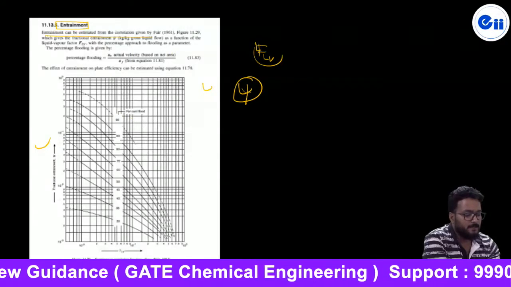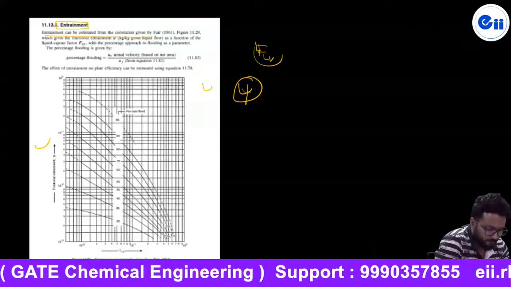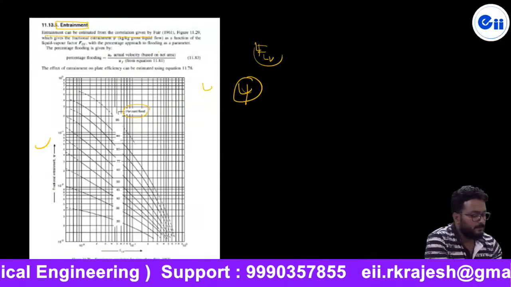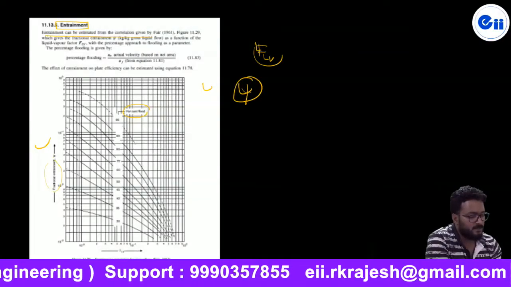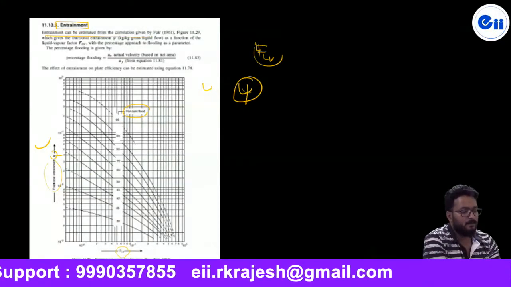Now here, what is the parameter? Listen, in this case percentage flood is a parameter, I told you. In this case, first of all, fractional entrainment is called psi here, and FLV is a factor.